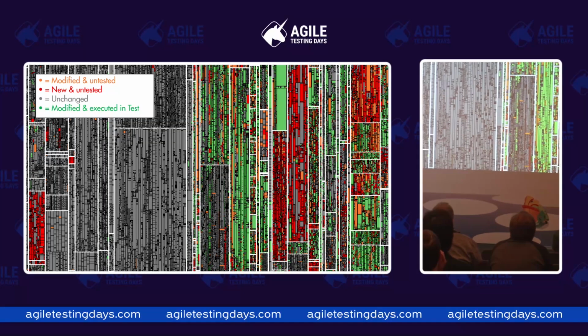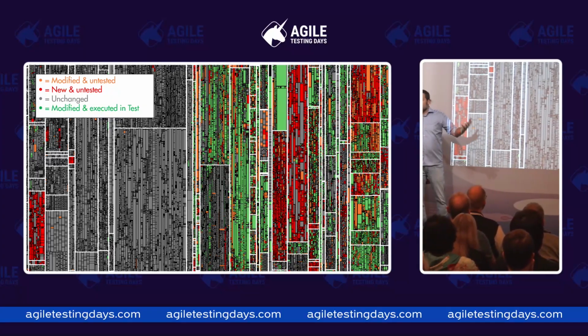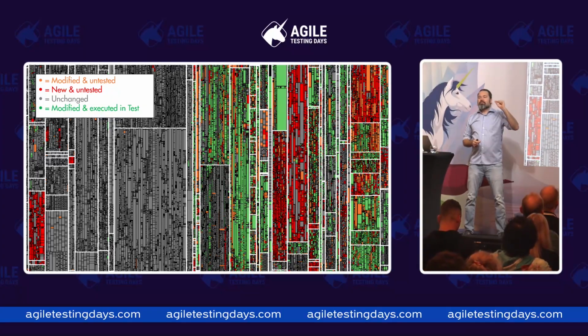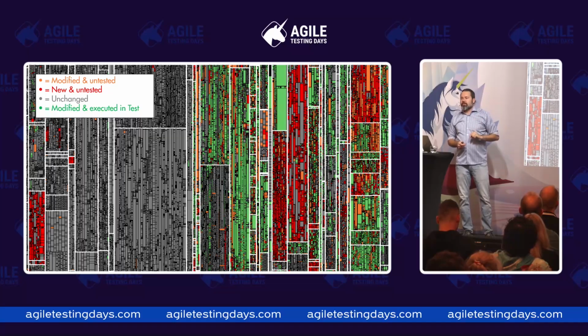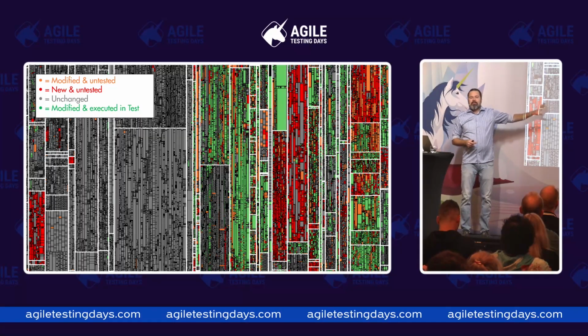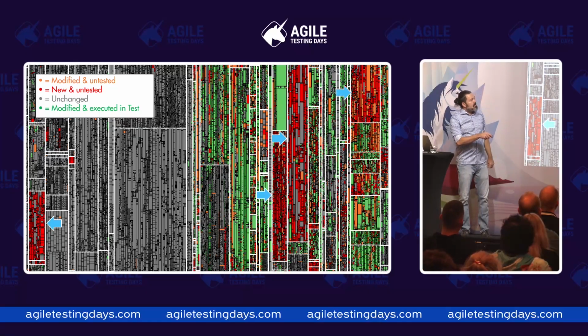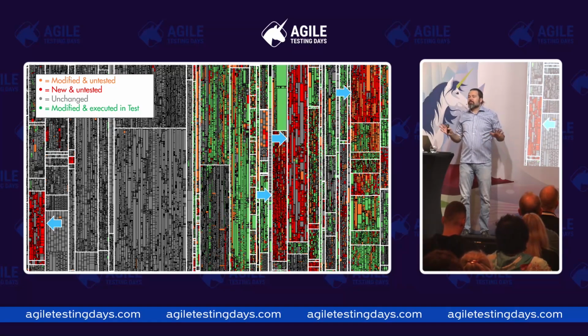All the colorful stuff is the changed and new code. And only if it's green was it ever executed during testing. And we took this picture the night before the planned release. So here are entire components, tens of thousands of lines of code, that were not tested at all. They slipped through testing completely unexecuted.